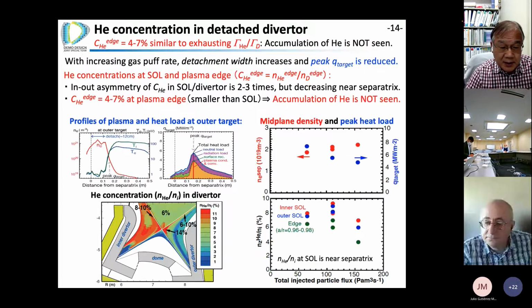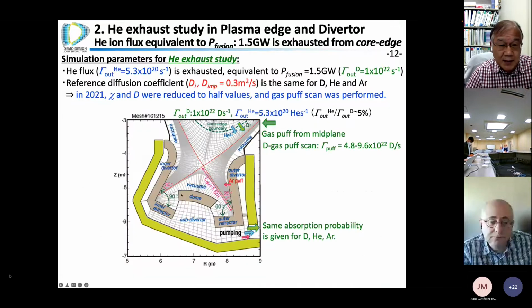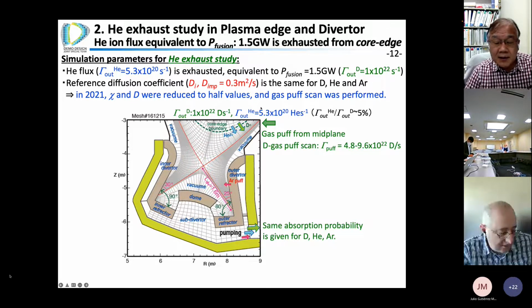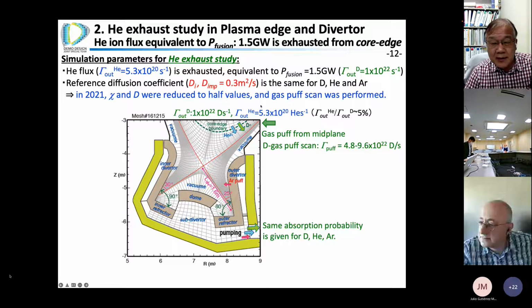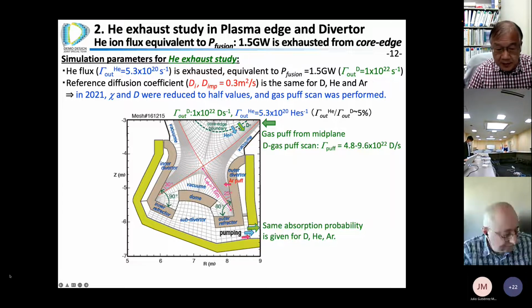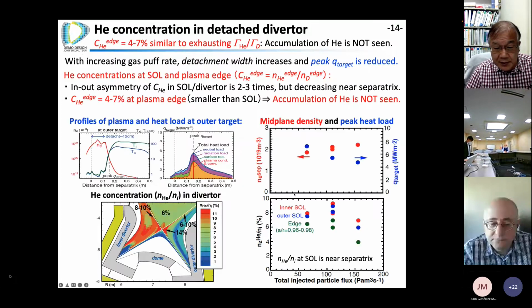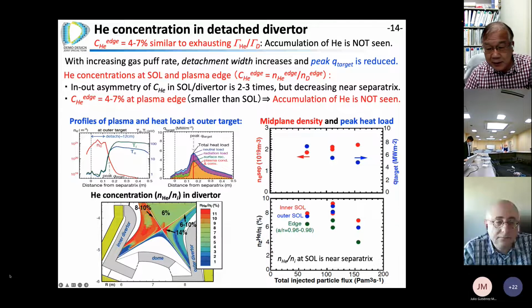In the case of the Japanese DEMO, the exhaust power is higher: 250 megawatt is exhausted, compared to 100 megawatt for Europe. Here the particles are exhausted, and also helium is exhausted. Partial detachment is observed in the outer divertor, while the inner divertor is fully detached.